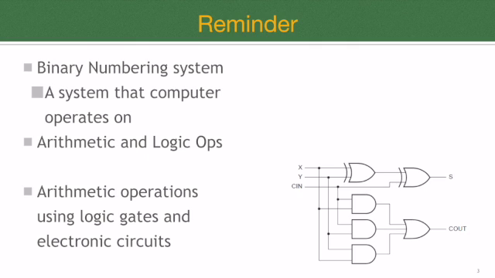And finally, we had a look at how logic circuits, and in turn electronic circuits, can be used to construct the arithmetic operations that the computer can perform, and we specifically saw the addition operation, which is one of the operations that the computer can perform.